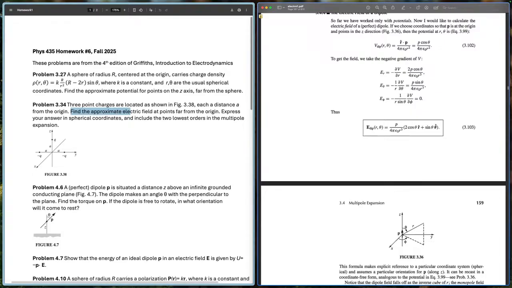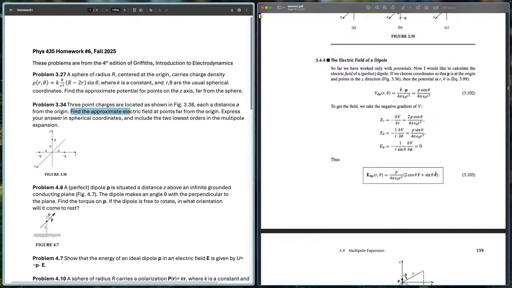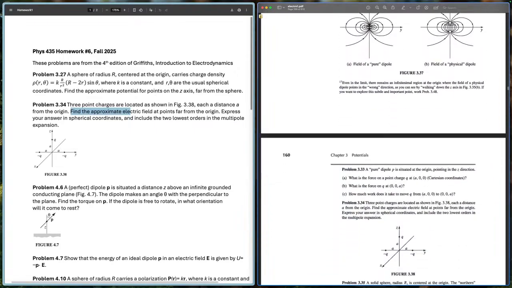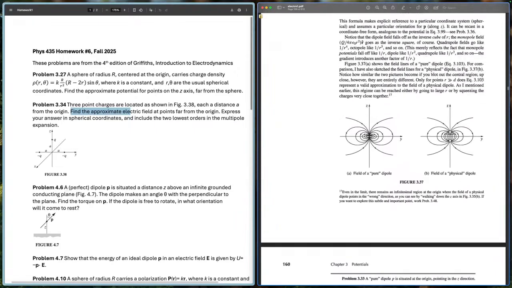So 3.103 is perhaps the formula we want, but the initial setup here is a bit noteworthy.